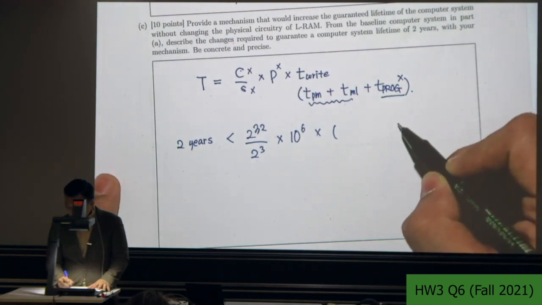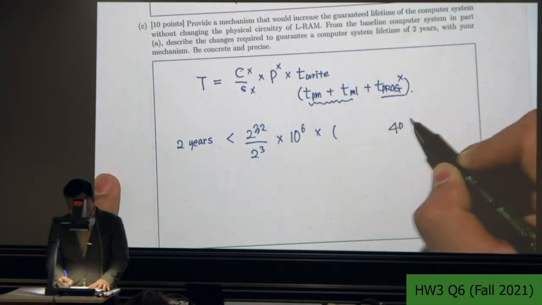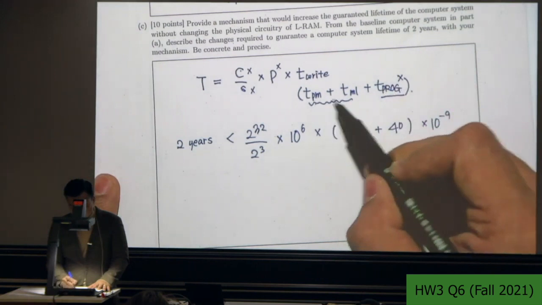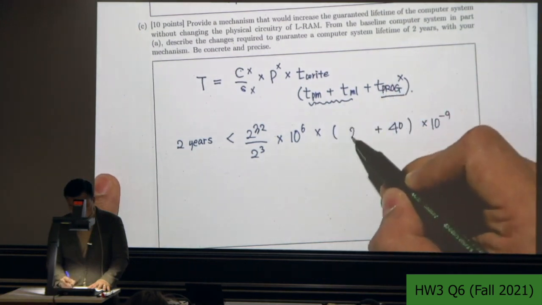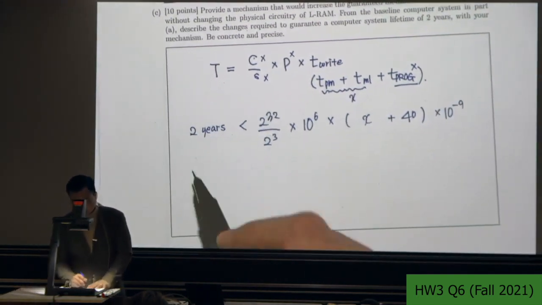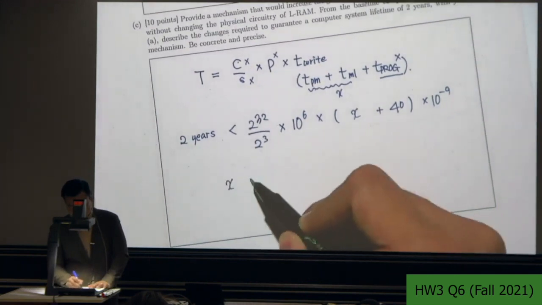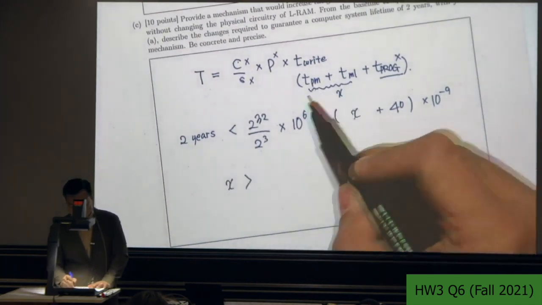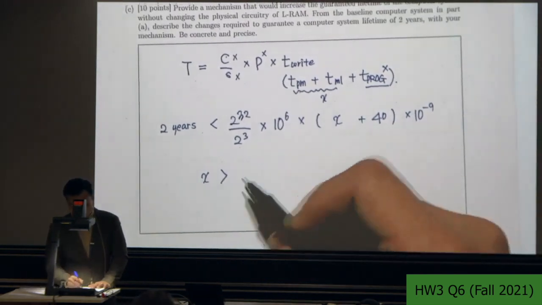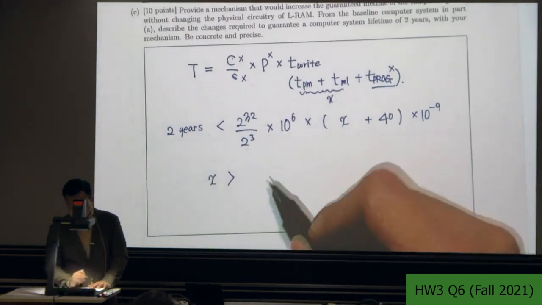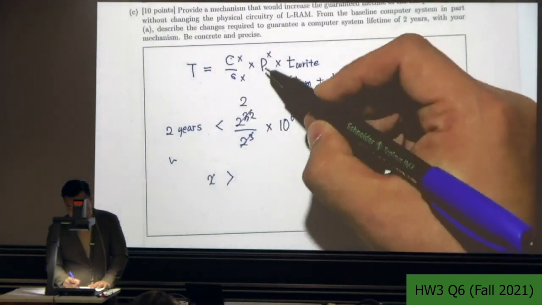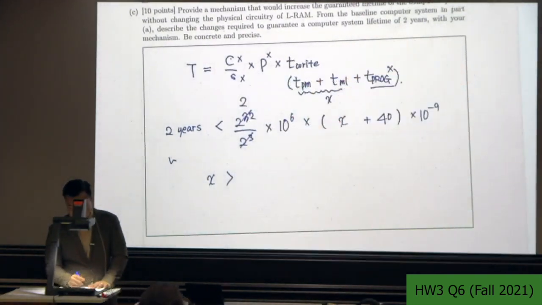So in this example, it was 40 nanosecond, and we can only change these two values, and I'll put this as X. And we needed to increase this transfer time between the processor and the memory to satisfy this inequality. So I think it is sufficient to just minimize this formula.